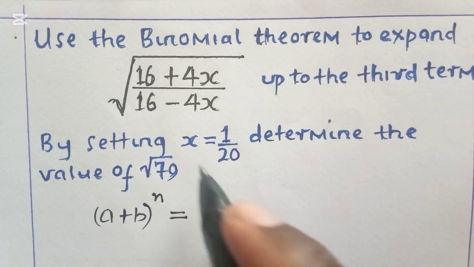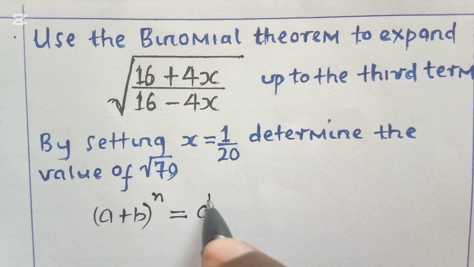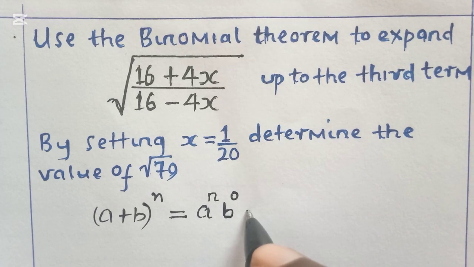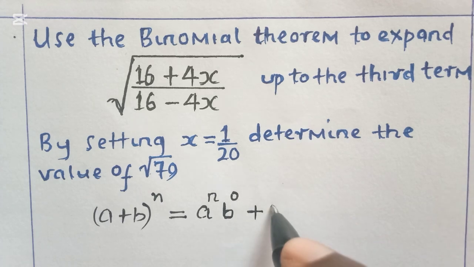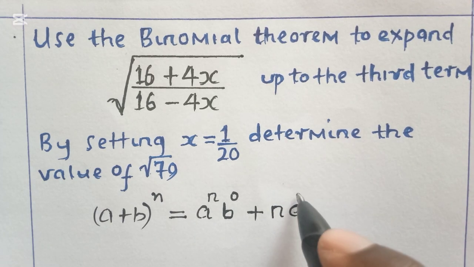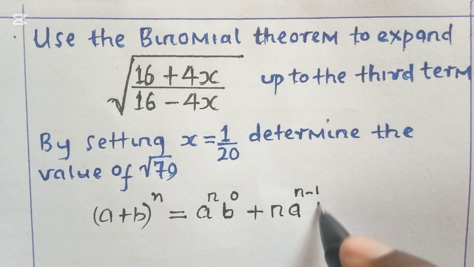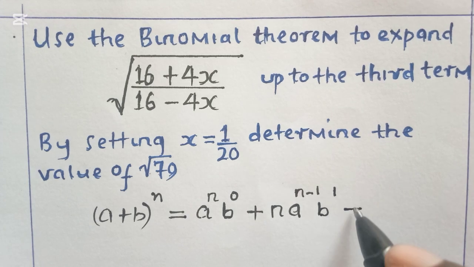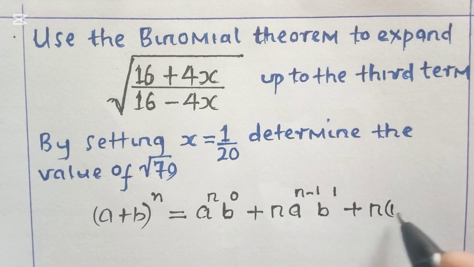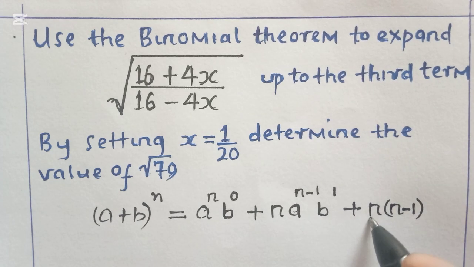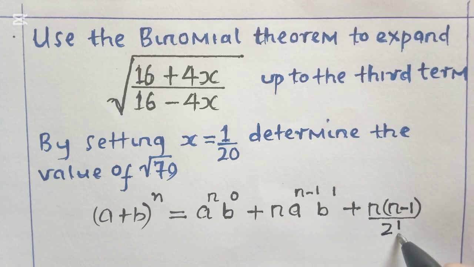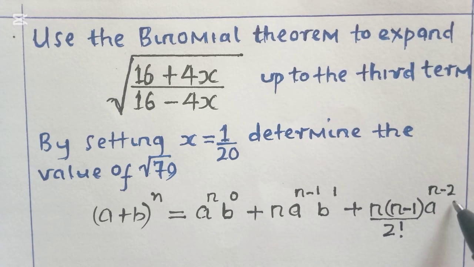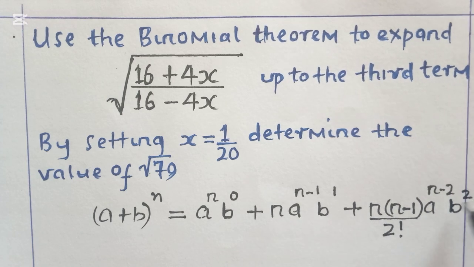This gives us a raised to n, b raised to 0, plus n, a raised to n minus 1, b raised to 1, then from there we go to another step, n times (n minus 1) all over 2 factorial, a raised to n minus 2, and then b raised to 2, like that.